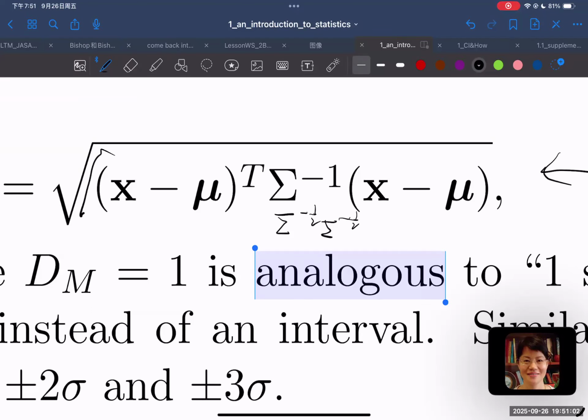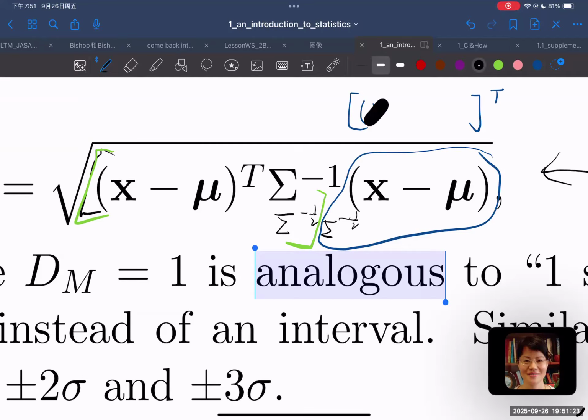For example, if I bracket the first part, it means the second bracket equals some transpose. And then inside it would be x minus mu and the sigma half, right? You actually can write in this way.